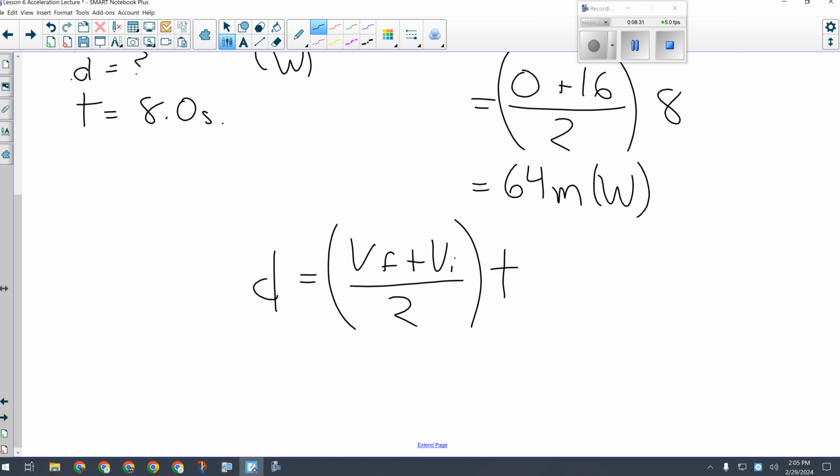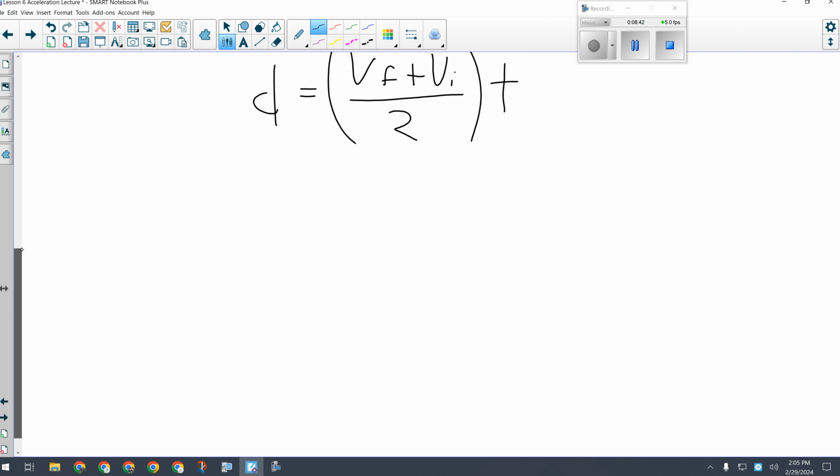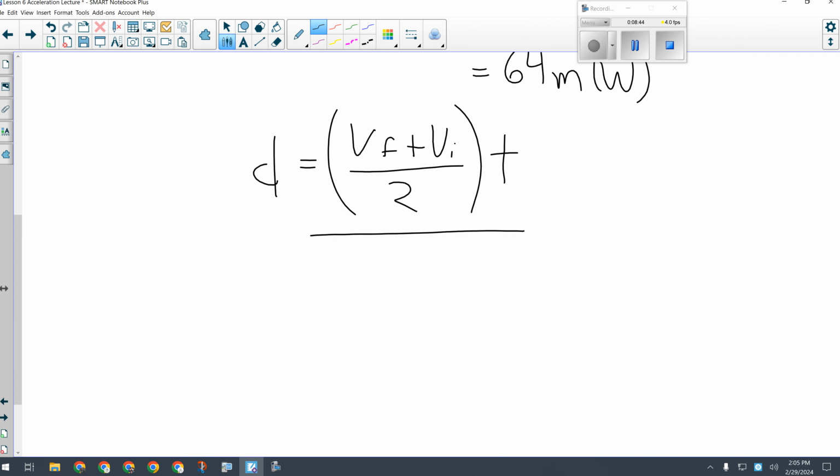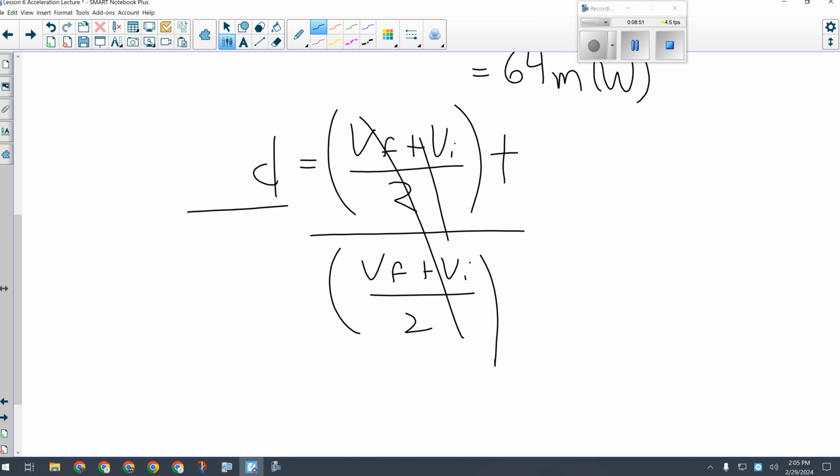There is nothing wrong with me dividing that whole thing over to the other side and leaving t where it is, where I can solve for it. That's the simplest and quickest way to isolate t in this formula. It cancels off and it just comes over here, and now we're solving for t. Everybody all right with that?